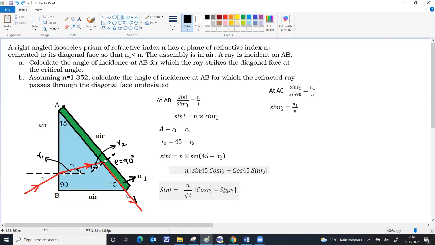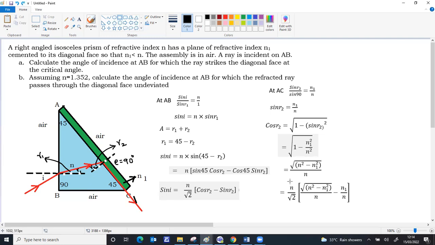If you have sin R2, you can find cos R2 also using cos theta is the root of 1 minus sin square theta. So substitute n1 square by n square: root of 1 minus n1 square by n square. Take LCM, you get root of n square minus n1 square by n, the root of n square being n. Now we have cos R2 and sin R2.